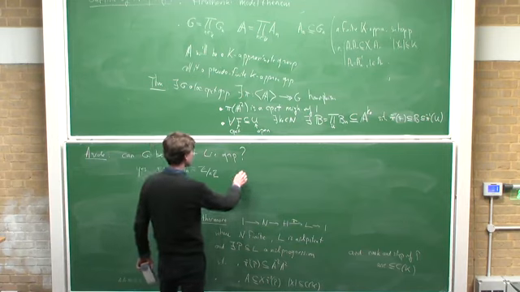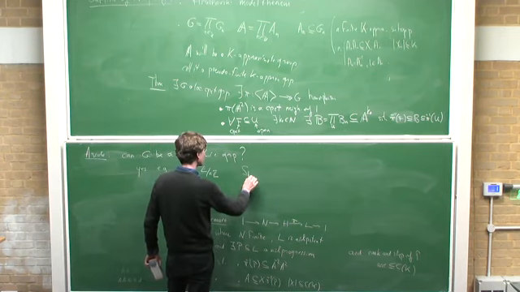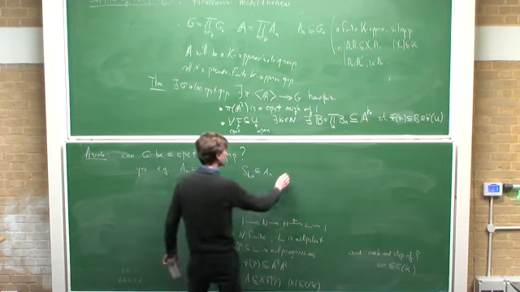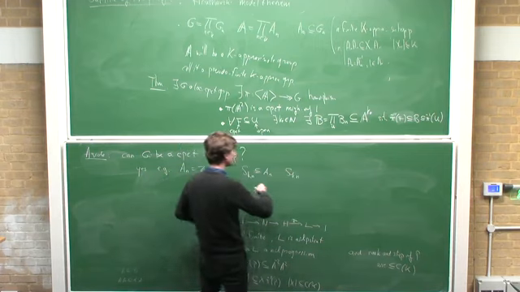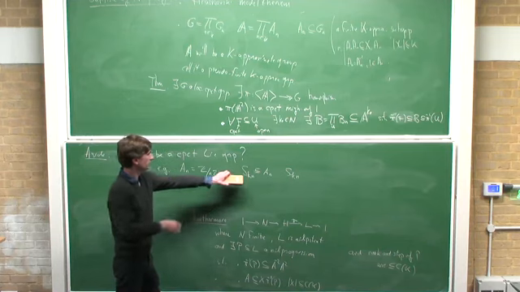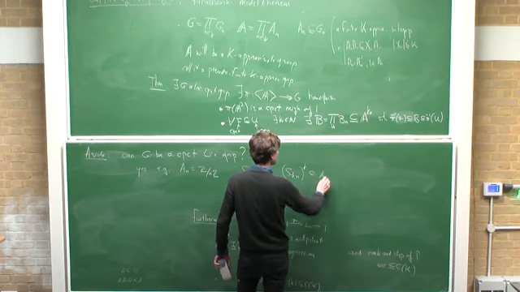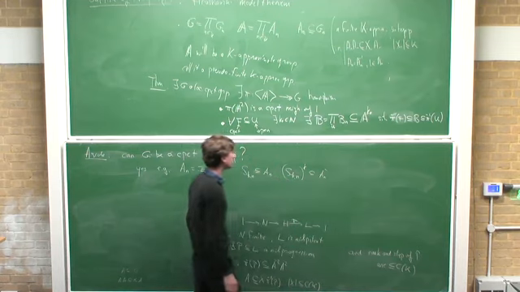And remember how the topology was built. The topology was built out of subsets S_k,n inside A_n. And so you take subsets such that if you take a power S to the power k, it is still contained in A_n, or maybe N to the 4.